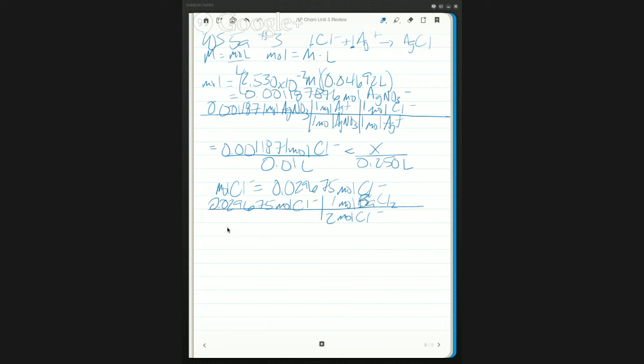So that is equal to 0.014838 moles of BaCl2, which has a molar mass equal to 208.23 grams per mole.